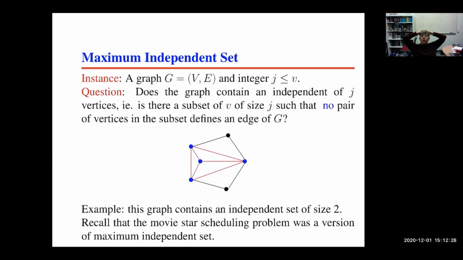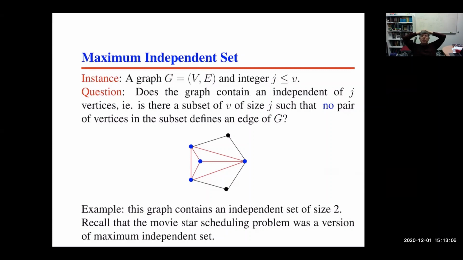So one problem we talked about, I think maybe even the first day of class, was the movie star scheduling problem, which was a special case of this thing called maximum independent set. If you remember the movie star problem, we had a bunch of jobs that were given by a constraint in time. And we wanted to find the most jobs we could take which didn't interfere with each other.